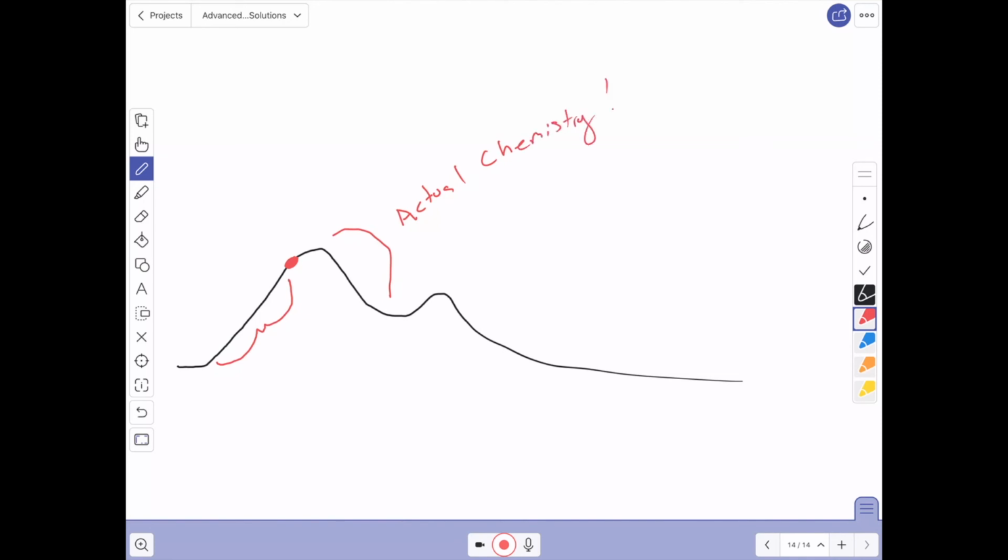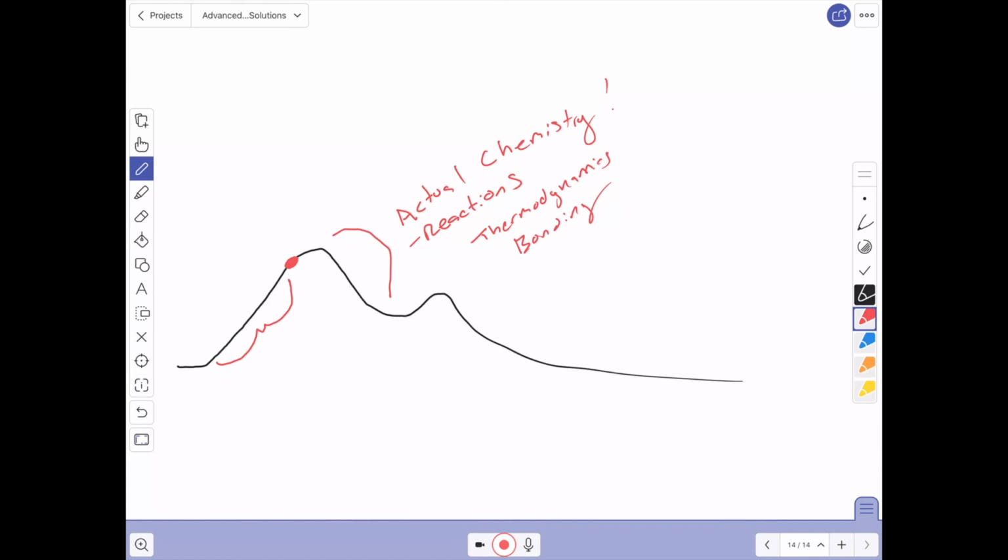This is like reactions, chemical reactions. Here we talk about what we call thermodynamics, bonding of chemicals.